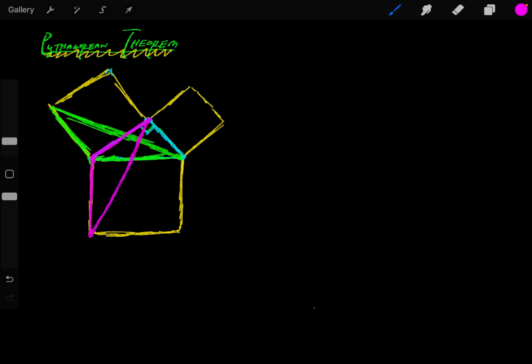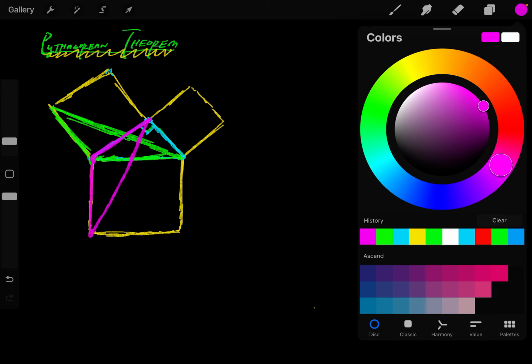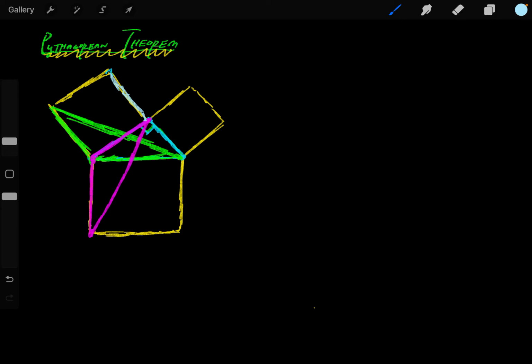So this is a square. I drew that square along this side, right? Now, since that's a square, all of its sides are equal or congruent.